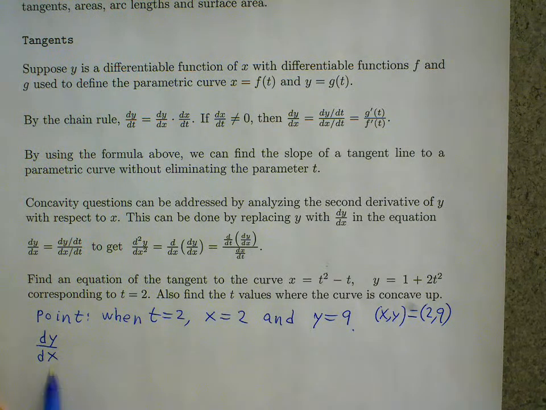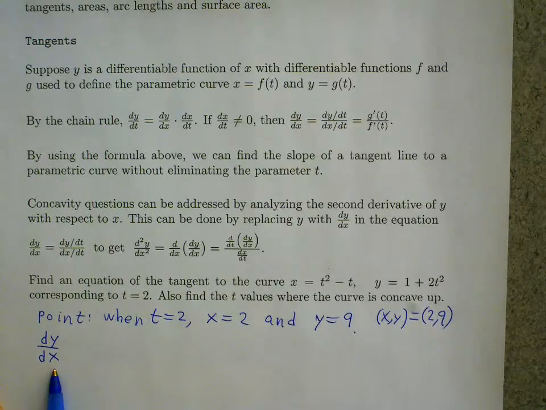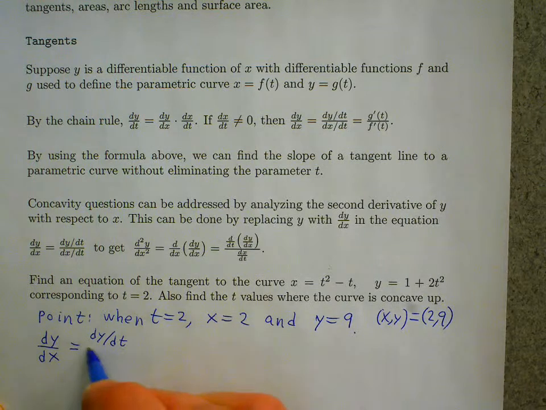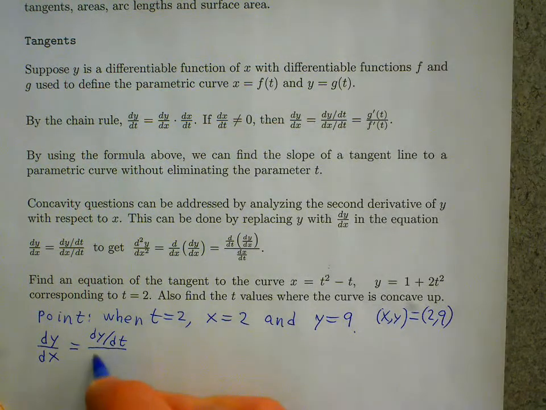Okay, but we're going to use our derivative formula up here. The derivative of y with respect to x is the derivative of y with respect to t divided by the derivative of x with respect to t.